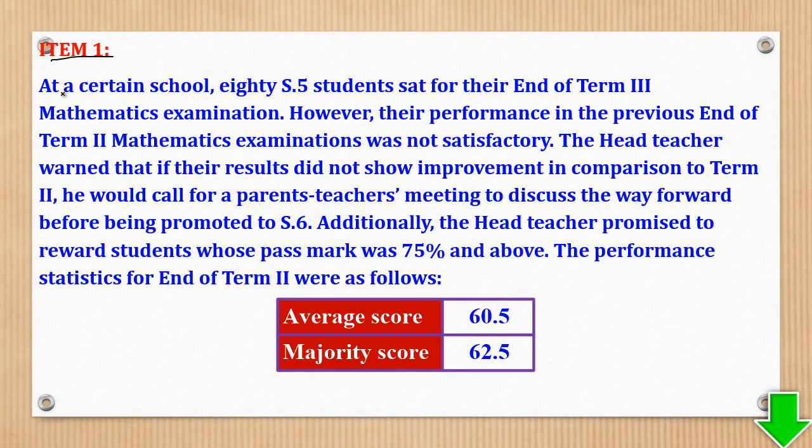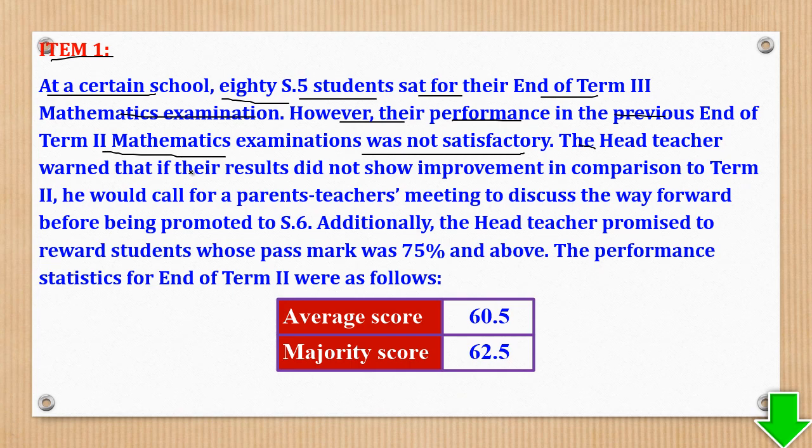So item 1 says, at a certain school, 80 S.5 students sat for their end of term 3 mathematics examination. However, their performance in the previous end of term 2 math examinations was not satisfactory.